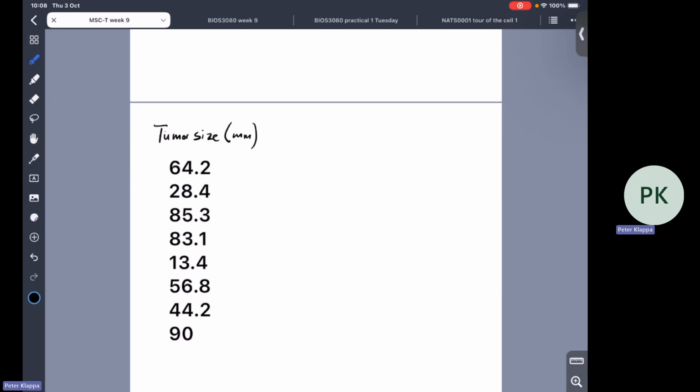Let's say I measure the size of a tumor in a postmortem. 8 tumors here, size in millimeters. I measure that. That's good, great. But who cares? These 8 deceased certainly don't give a damn. So why the hell do we do that?